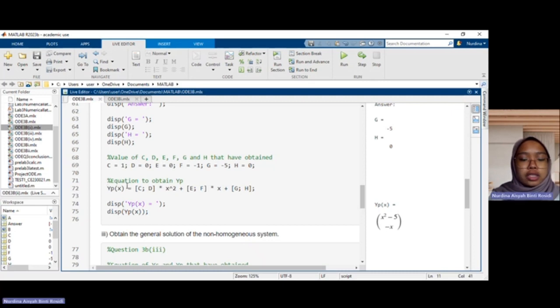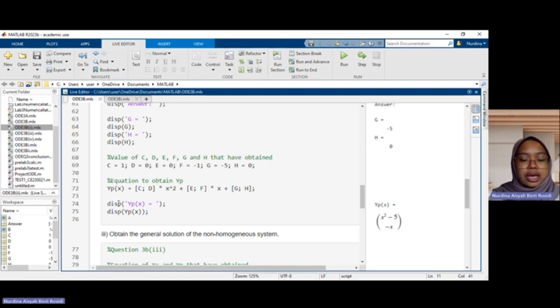Then the equation to obtain yp. This is the formula for yp, and based on the equation, it will include the info given above. So it will calculate and display yp.